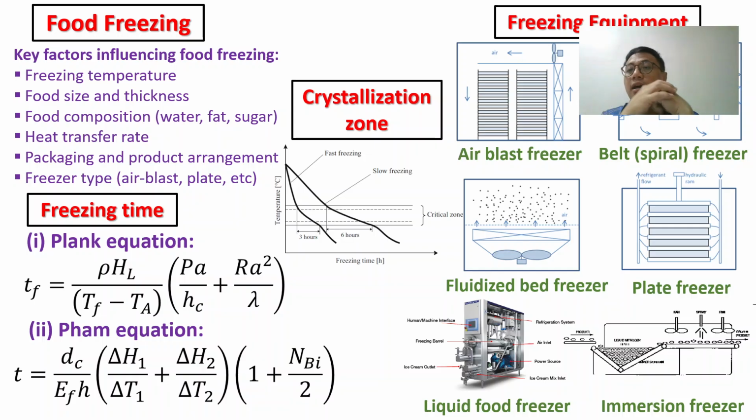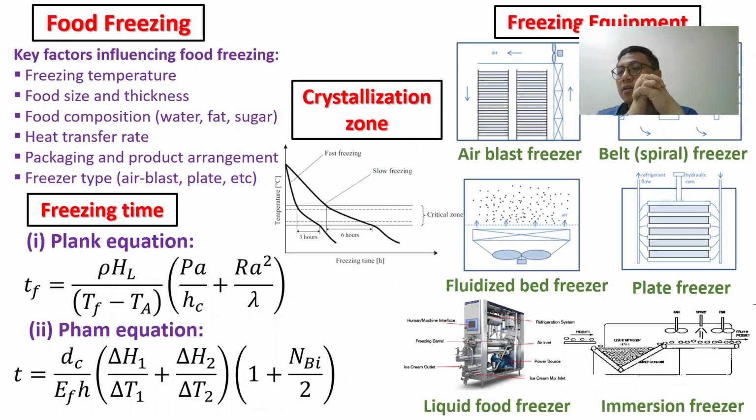The heat is transferred from the product through the wall of the plate to the refrigerant, with the food products in direct contact with the plate. There is a hydraulic system that compresses the plates so that they have close contact with the product, where heat is transferred by conduction, and the plate can cool the product effectively.